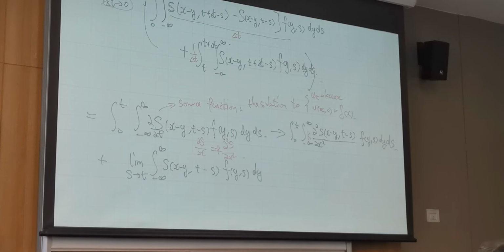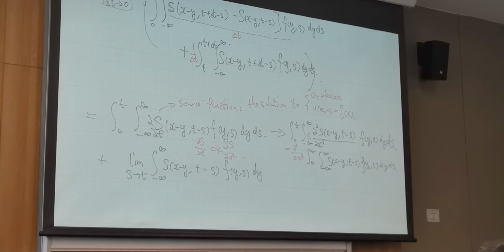This first term exactly equals the second order spatial derivative, from 0 to t, and then from negative infinity to positive infinity, s x minus y, t minus s, f y s dy ds. So far so good?